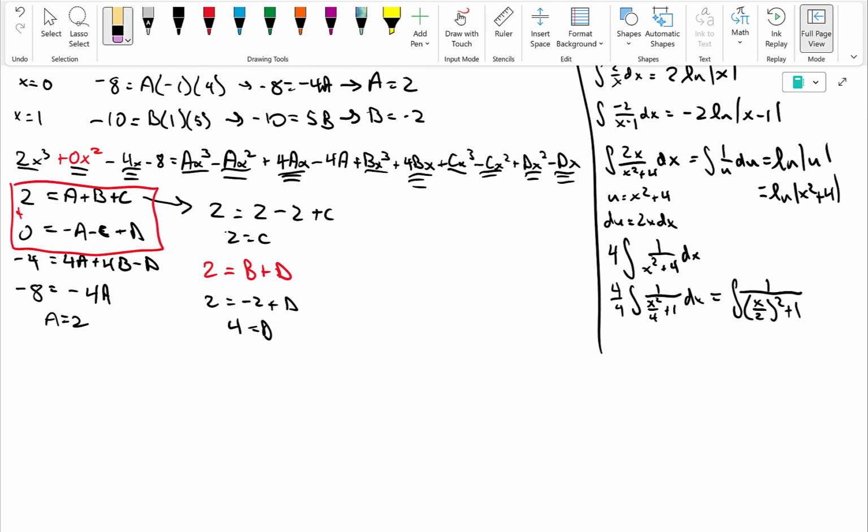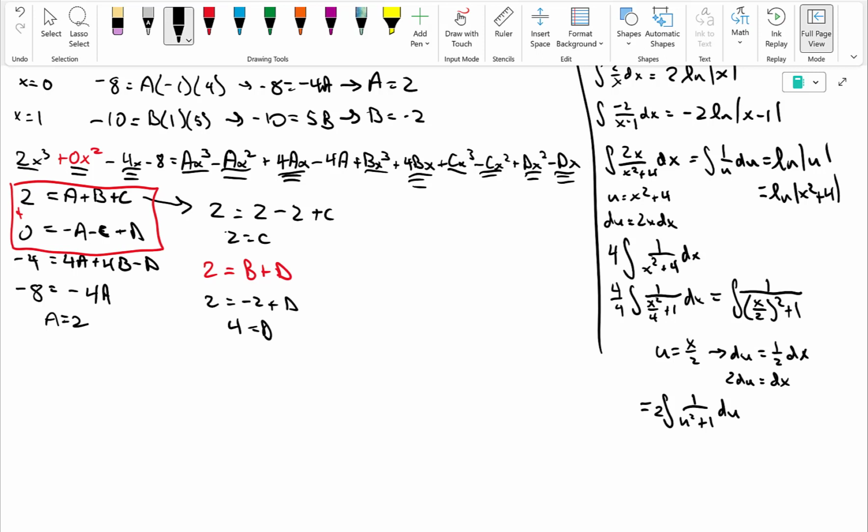And then for that, if we take u equals x over 2, du is going to be 1/2 dx, or 2 du equals dx, gives us our sub. So our integral of 2 times the quantity 1 over u squared plus 1 du. You can see now that is that nice arctan.